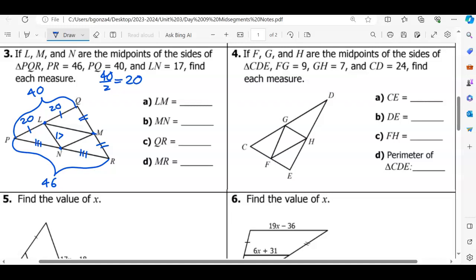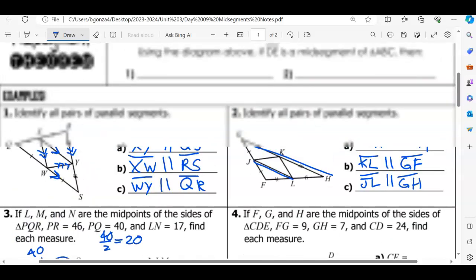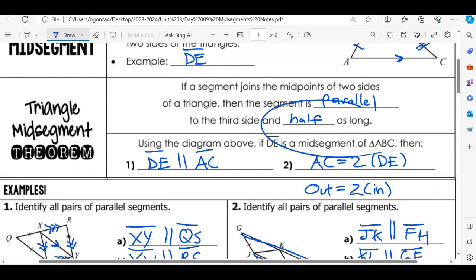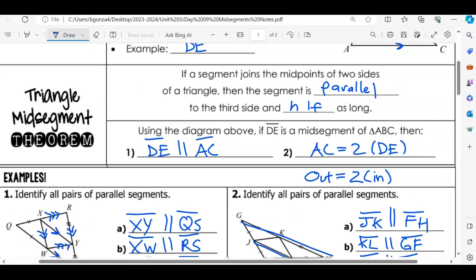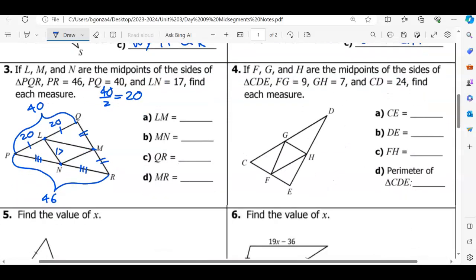Now, you wrote this just above where we're at. Look at NM. This is the mid-segment parallel to 40, right? How do I find NM if I know this PQ is 40? What did we say right here? It's half as long, right? That mid-segment on the inside is half of the parallel side.